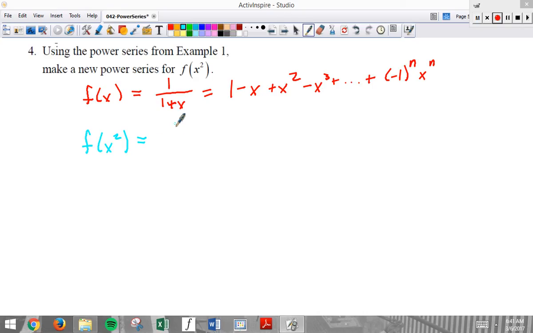So this is the function I'm finding a power series for, but I'm not going to do all that work again. I'm going to take x, and everywhere I see x, I'm going to replace it with x squared.